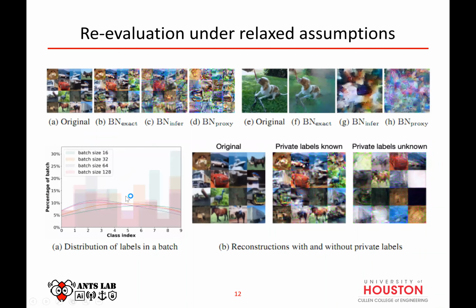So this example shows that when a batch has some samples with the same label, the attack performance will be worse, because the attacker cannot identify the exact label of each sample. Oh, okay. Move on, please.